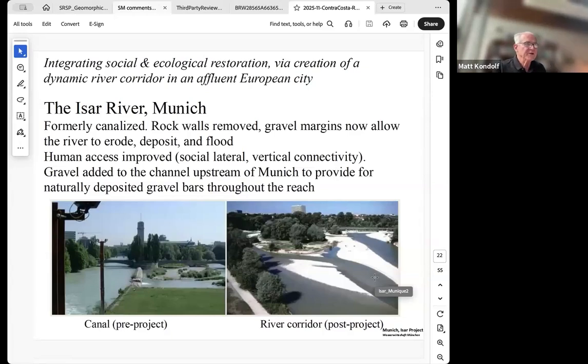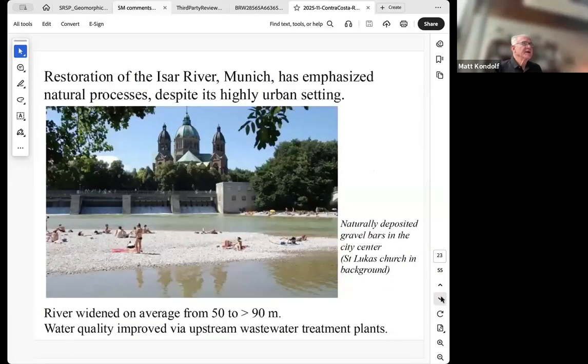Now they're actually adding gravel to the system. And they also cleaned up the water quality. There were two villages upstream on the Isar that had inadequate sewage treatment. And so there was always an E. coli risk of contamination for people going in the water. Those were cleaned up. That was a key part of this project.